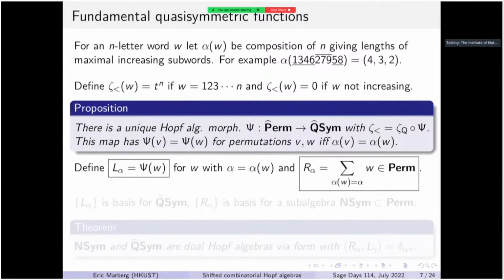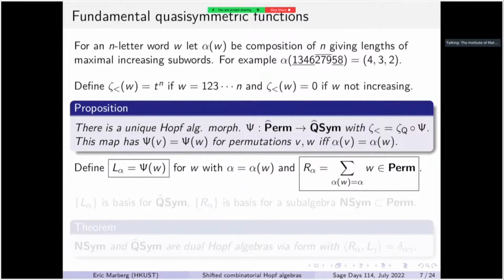And so we define L alpha to be the image of one of these permutations W, for any permutation whose associated composition is alpha. And this gives the so-called fundamental quasisymmetric functions, which is denoted by F in Sage, but I'm more partial to calling it L.